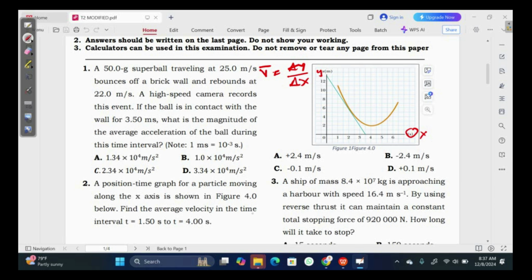Now, what are we going to do? You can choose any point. The answer will still be the same. So the change in y is y2 minus y1, and the change in t is going to be t1 minus t2.